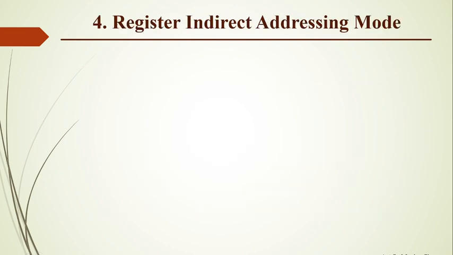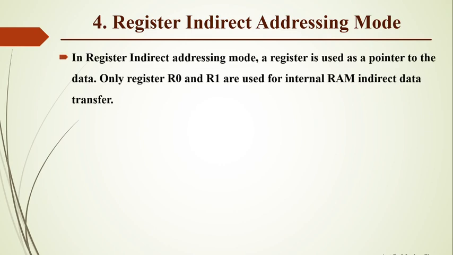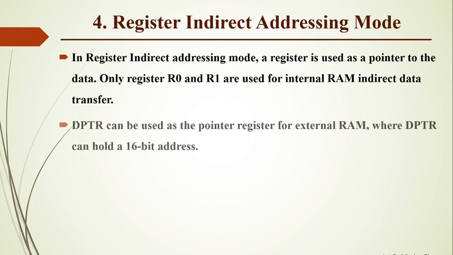The fourth addressing mode is register indirect addressing mode. In register indirect addressing mode, a register is used as a pointer to the data. Only registers R0 and R1 are used for internal RAM indirect data transfer. So remember, only R0 and R1 are used as pointers.